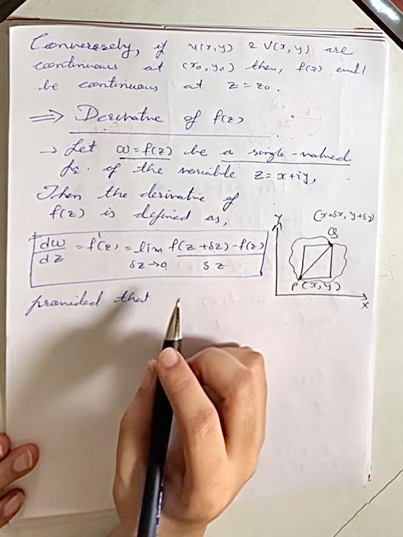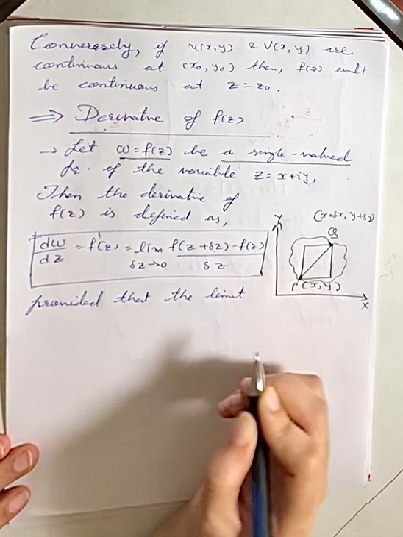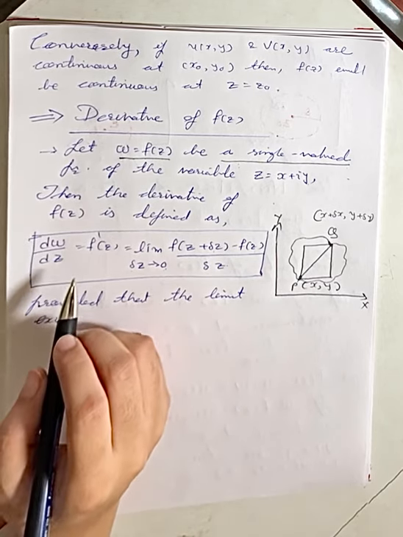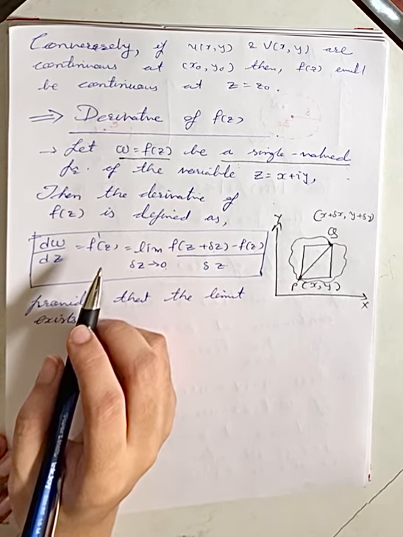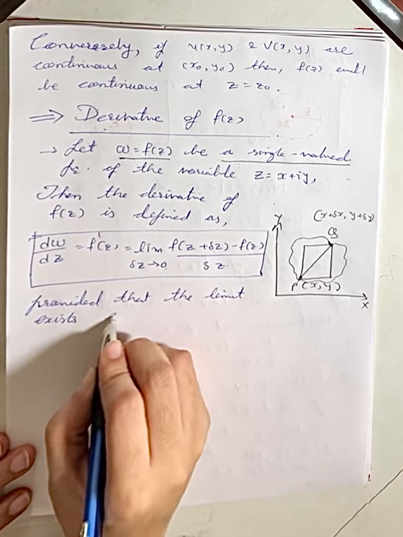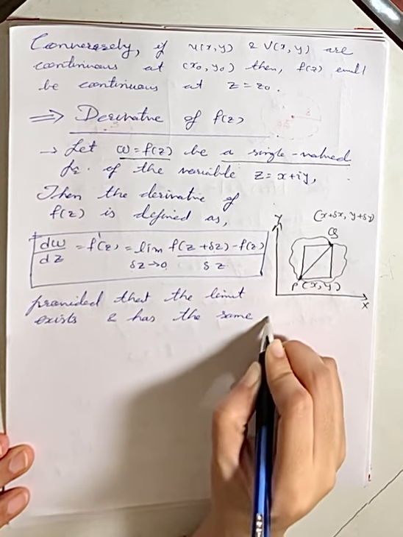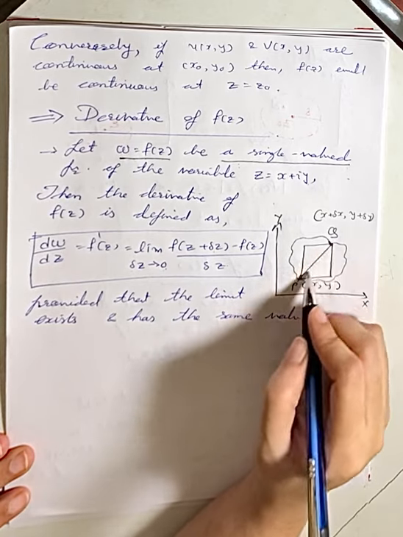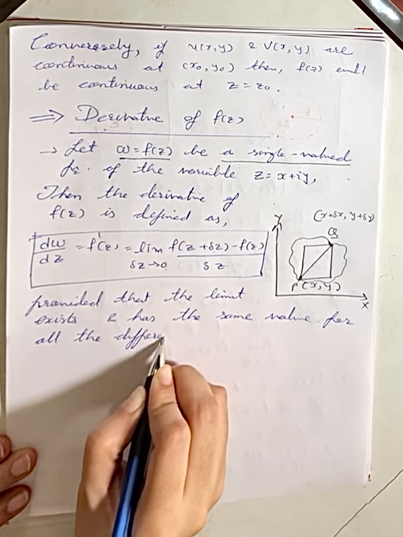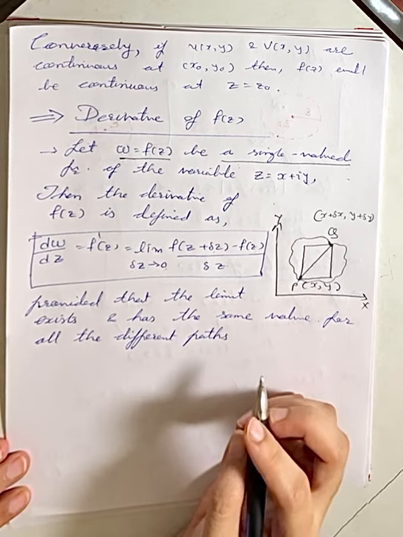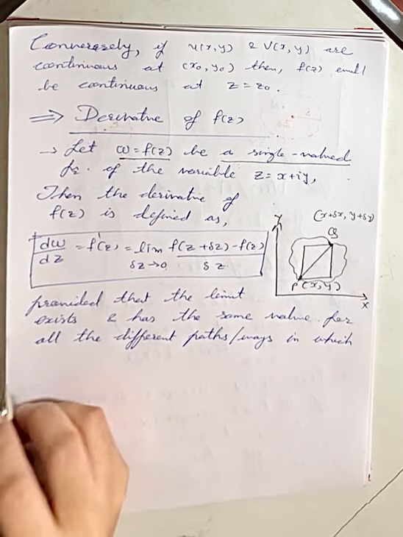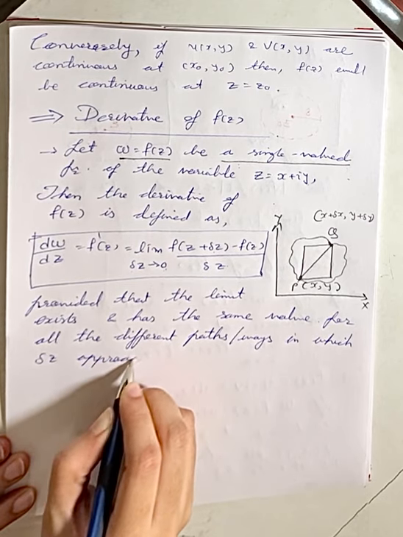So first you have to check that the limit exists, and has the same value for all the different ways, all the different paths, in which delta z approaches 0.